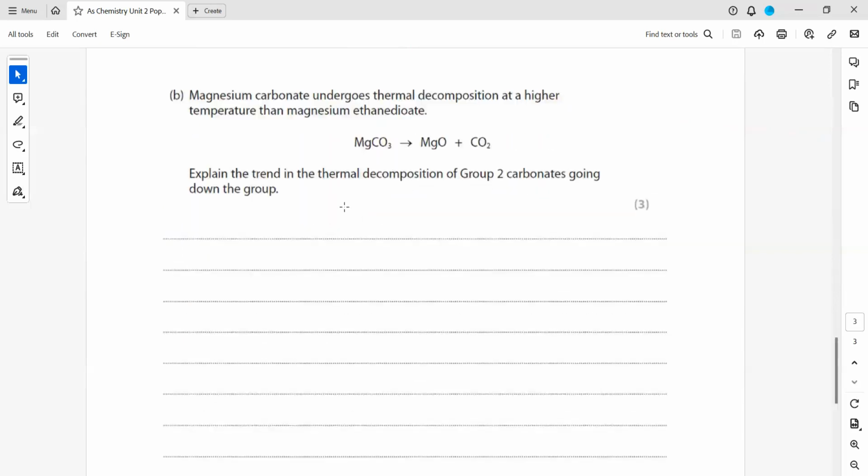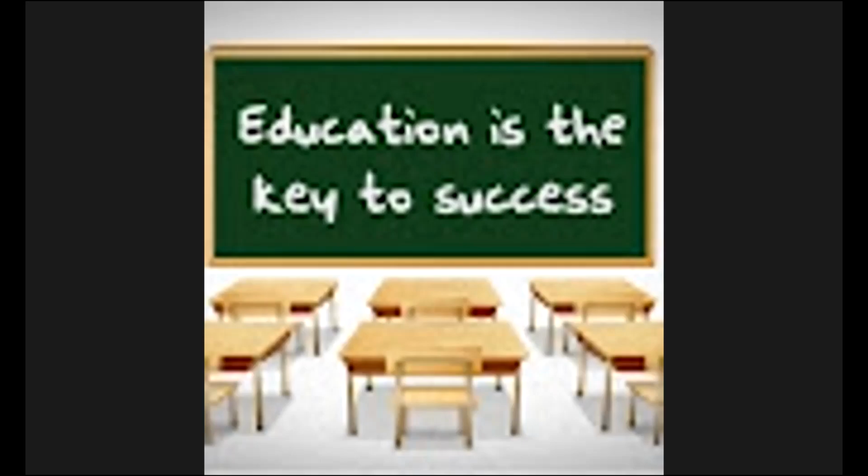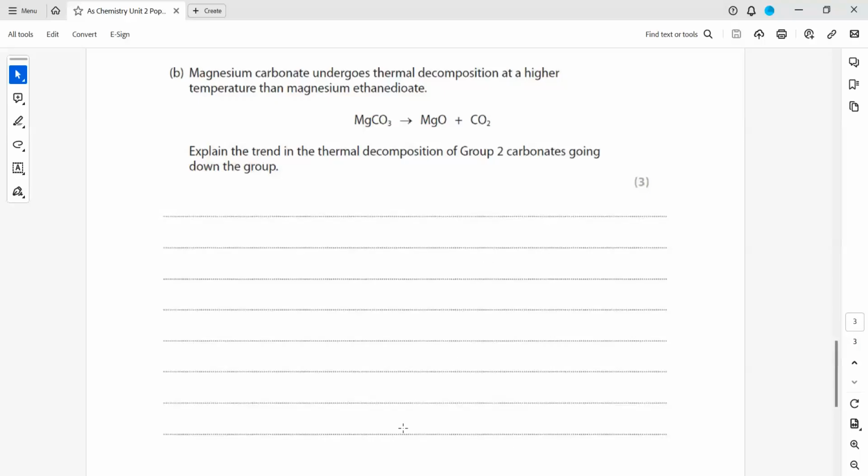Magnesium carbonate undergoes thermal decomposition at a higher temperature than magnesium ethanedioate. Explain the trend in thermal decomposition of group 2. Is it clear, the last question about the thermal decomposition?